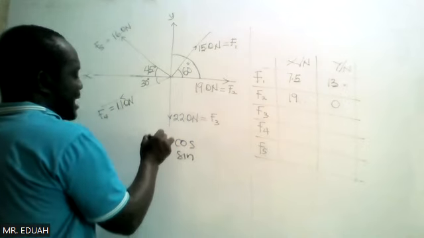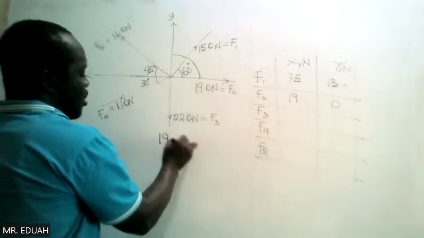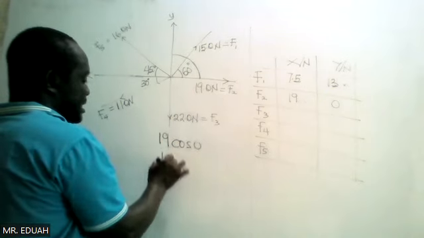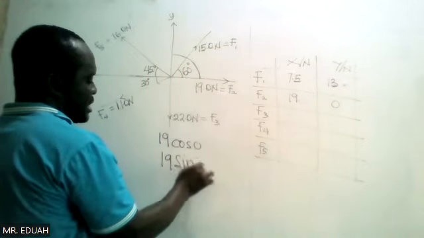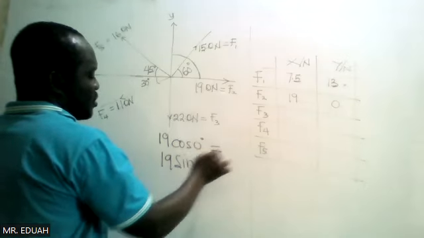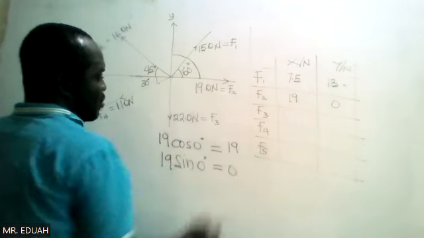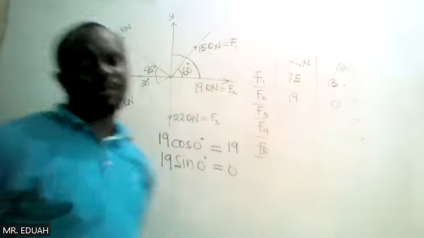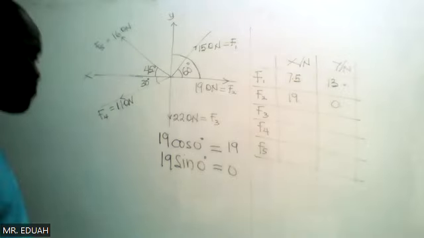So this will be 19 cos of 0 and 19 sine of 0. Cos 0 is equal to 1, so we get 19, and sine 0 is equal to 0. It gives us the same results as what we looked at earlier. Please, are we okay? Yes, please.